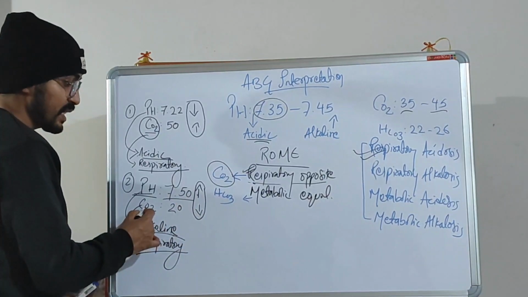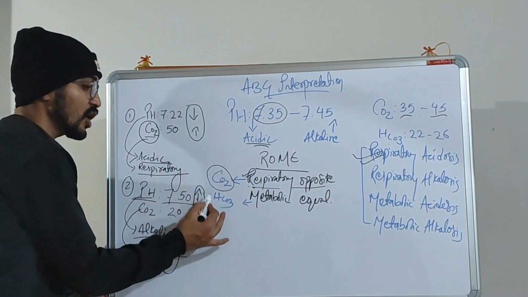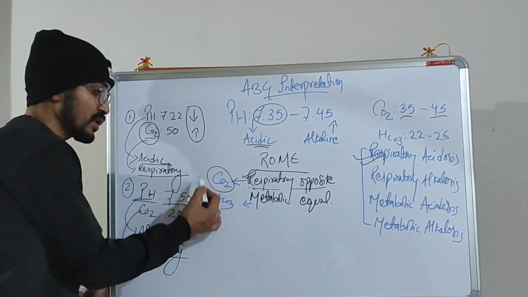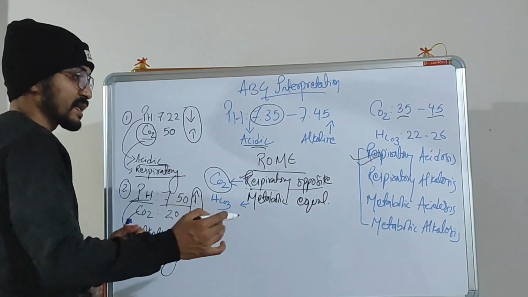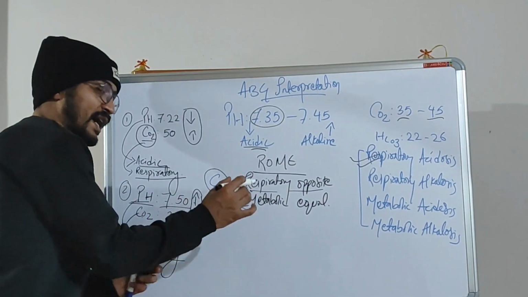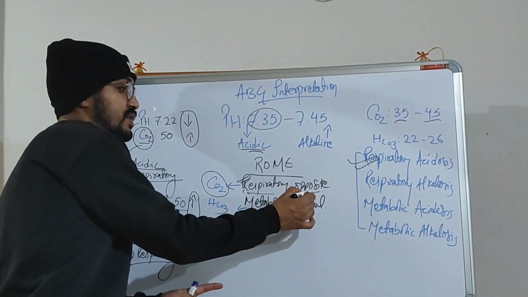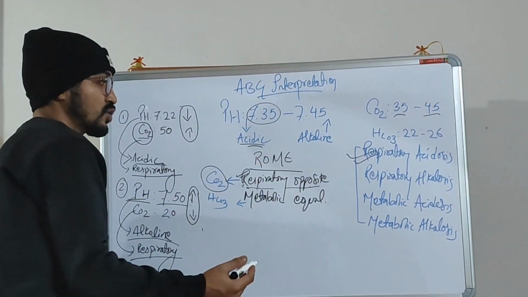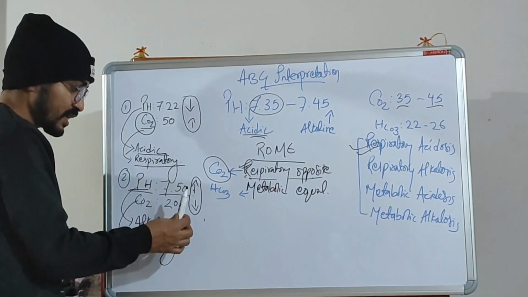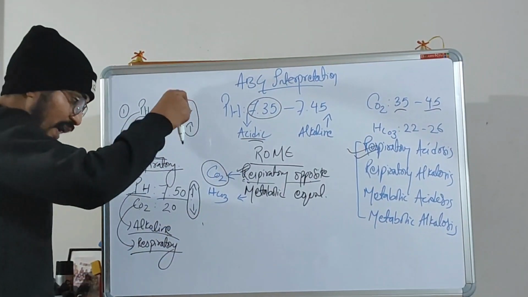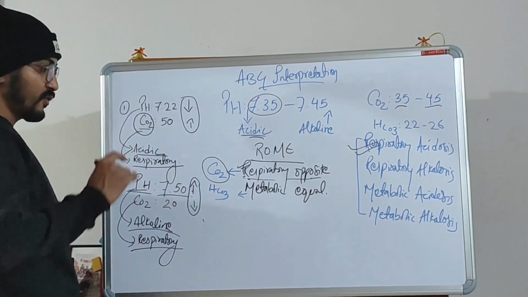So whenever you see the values moving opposite for CO2, the ROME formula has been met, which says that respiration is always opposite. If the pH goes downward, your CO2 will go up. If your pH is going up, your CO2 values will go downward to meet the formula of ROME.